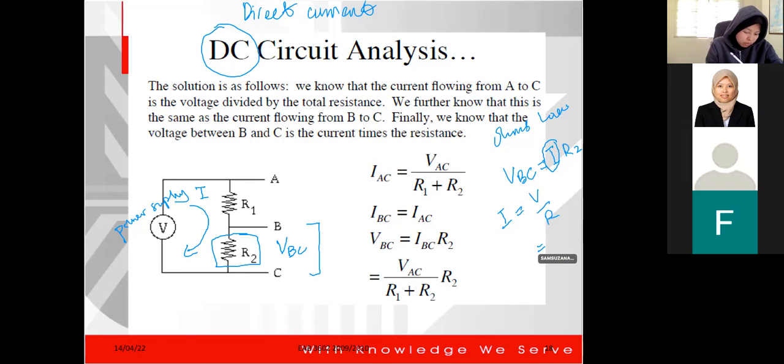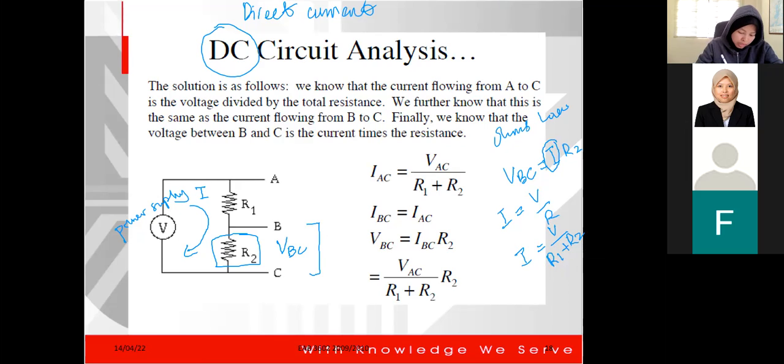So V adalah of course V total lah untuk I. So V over R, dalam kes ni R adalah R secara siri ke selari? Siri kan? Bersiri. So R dia adalah R1 plus R2, R total dia. Okay, so you know I is equal to V over R1 plus R2.